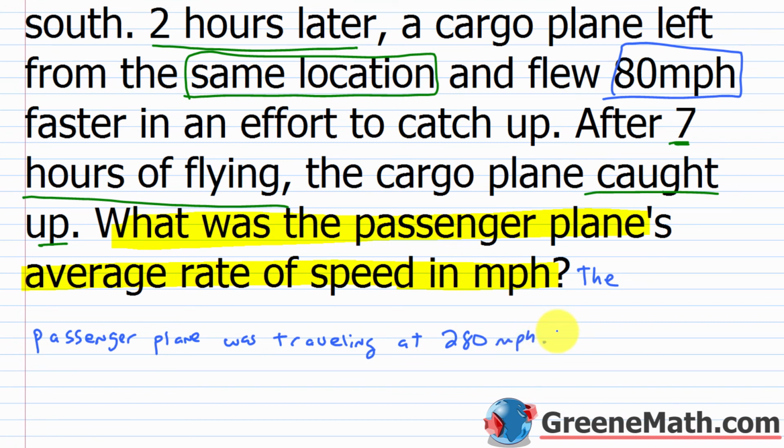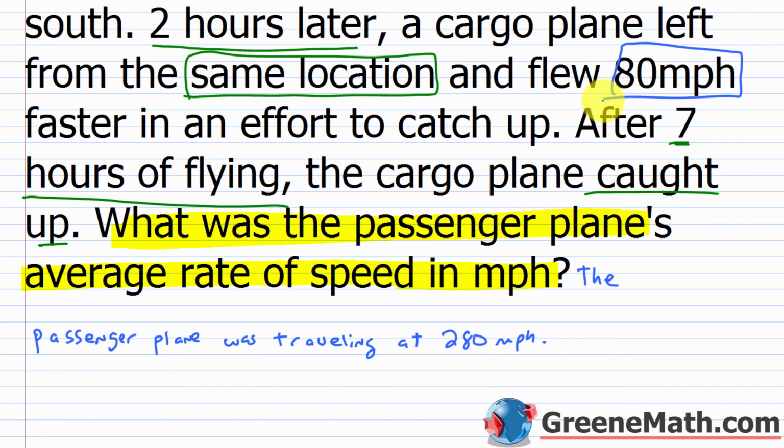How do we check this? Well, it's actually pretty easy. If I take 280, which is the rate of speed, and I multiply it by 9, which is how long the passenger plane travels for, I get 2,520. That's the total number of miles that the passenger plane traveled. Now, with the other guy, the cargo plane, it goes faster. 280 plus 80 is 360.